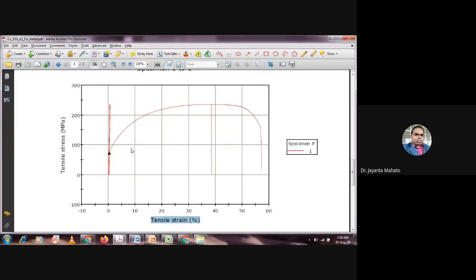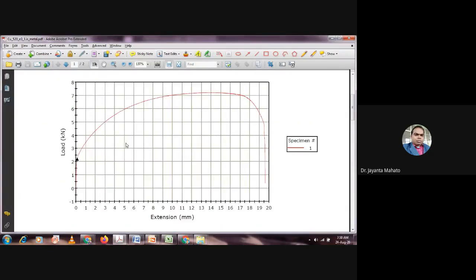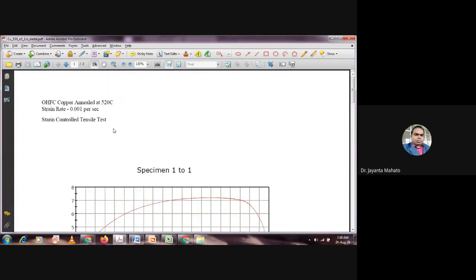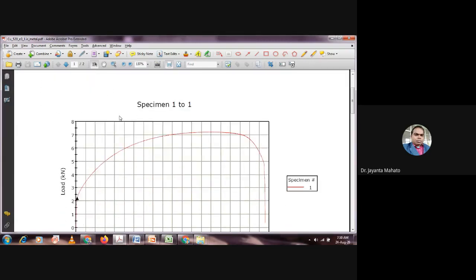Right. So this is the copper material. I have tested this copper material, annealed at 520 degrees centigrade, and strained at 0.001 per second, which means 0.1 percentage per second.